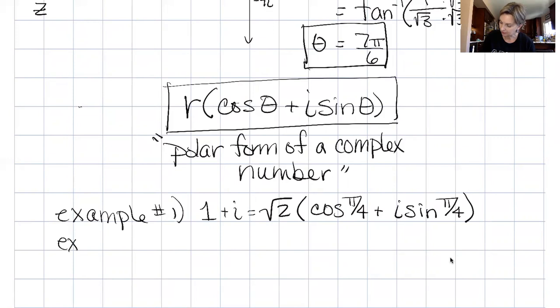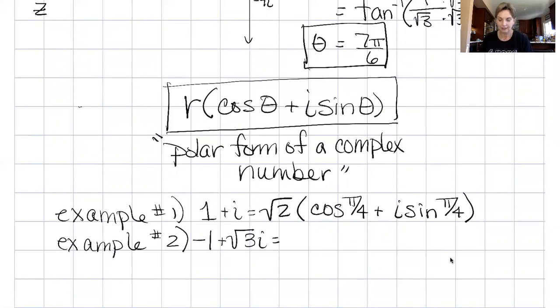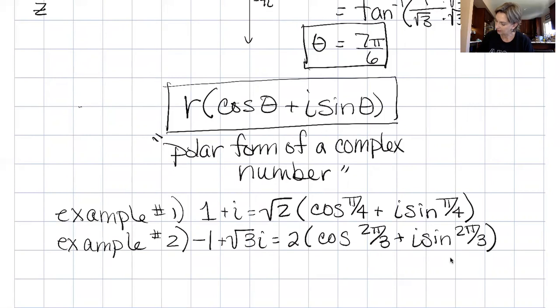Okay, in example number 2, right, we were working with -1 plus the square root of 3 i. Okay, and we got 2, and our angle was 2 pi over 3. So you just plug those in. There and there, and you're done. Okay, that's the polar form of your complex number.